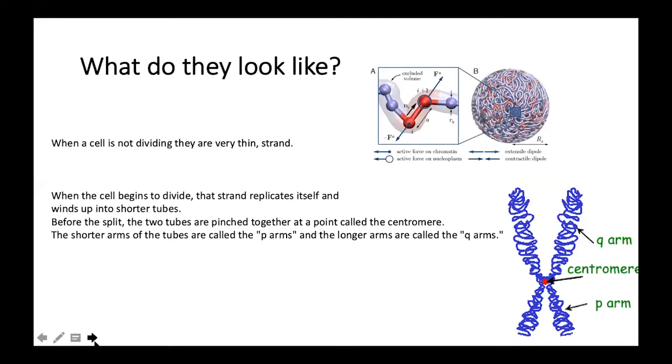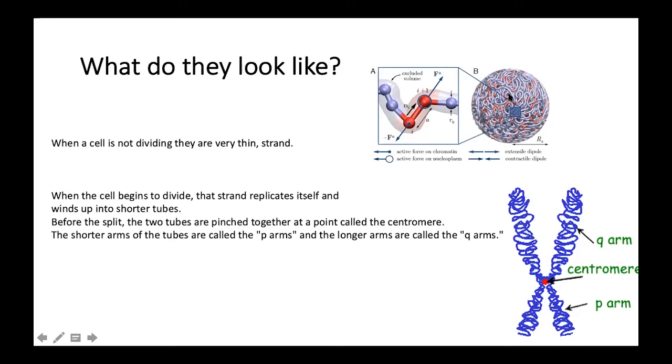Normally, we cannot see the chromosomes even with a very powerful microscope because they are so thin and arranged in very thin strands. When the cell is not dividing, the chromosomes look like a jumbled structure, such as this structure here.